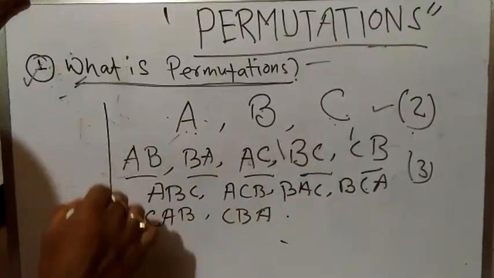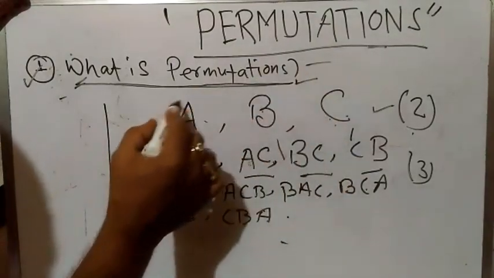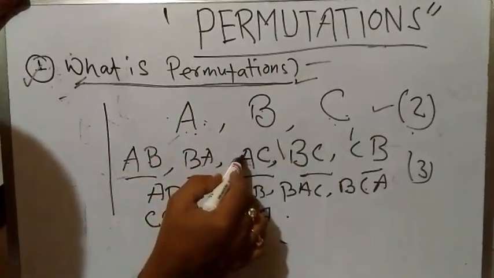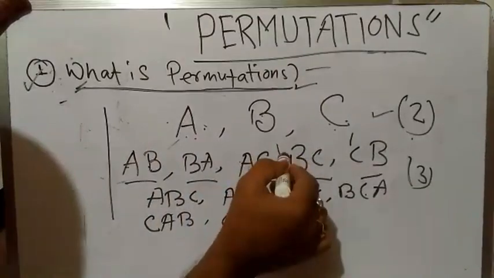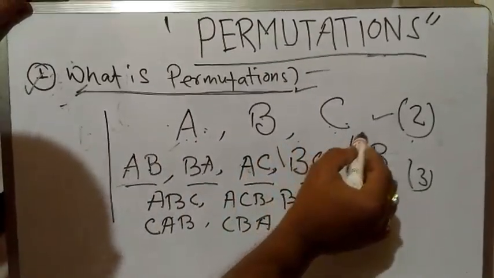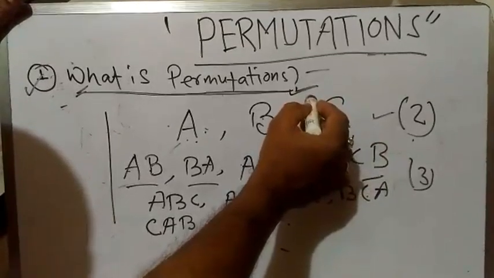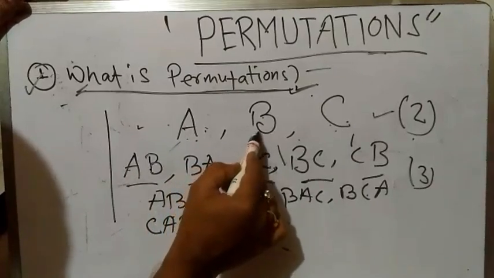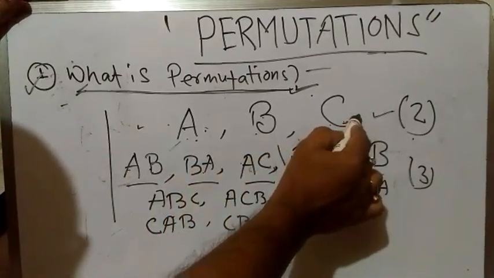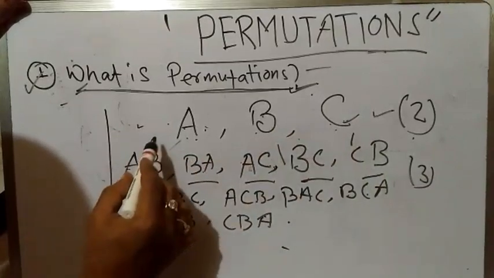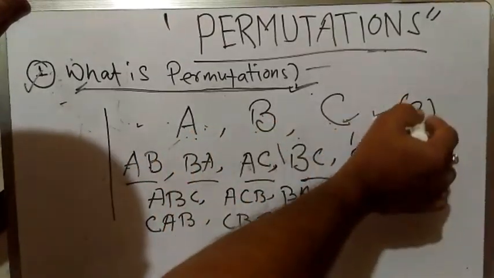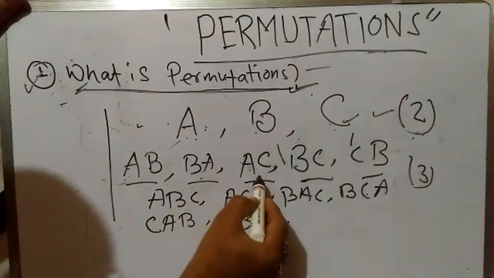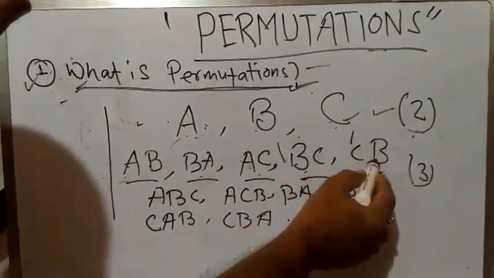So again, what is permutation? A permutation is an arrangement of objects which can be made by taking some or all of a number of objects. Here we have taken three objects: A, B and C. Taking two at a time, we got AB, BA, AC, BC and CB.